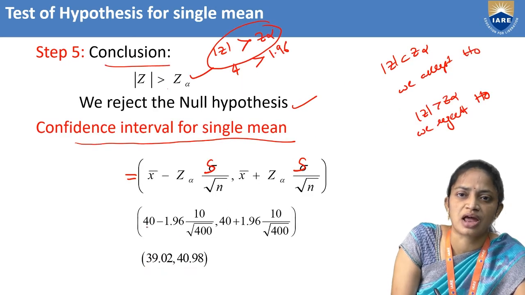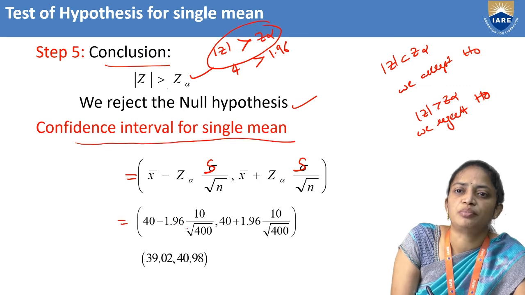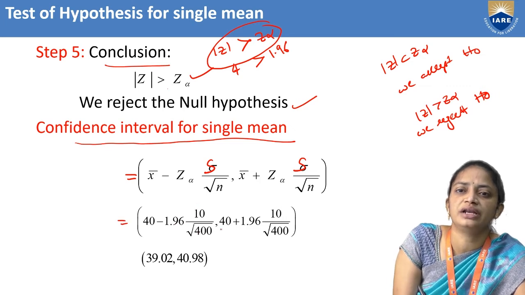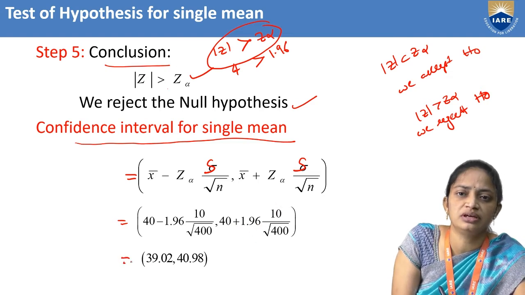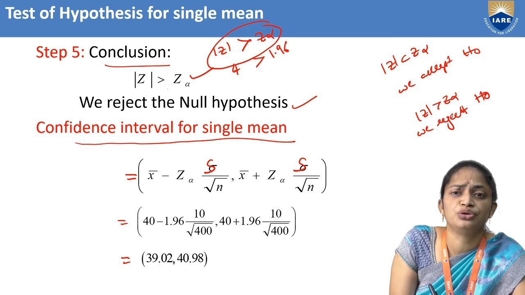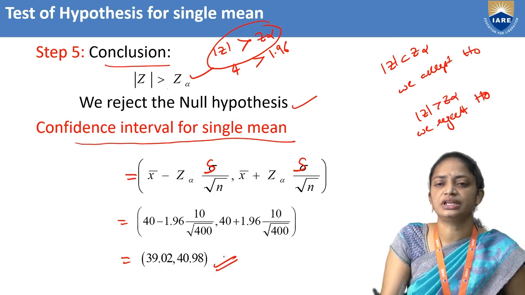Substituting, we get 40 minus 1.96 into 10 by root 400, comma, 40 plus 1.96 into 10 by root 400. If you simplify this, you will get 39.02 and 40.98. So this is the required solution.